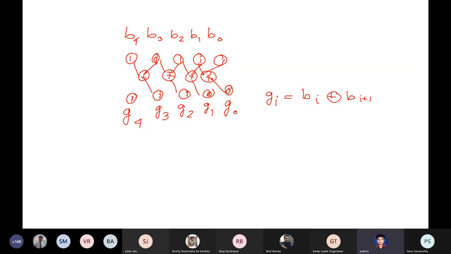If that number is even, so here to the left it is only 1, which is odd. So if it is odd, the corresponding binary bit will be 0. And for G3, to the left of it, there are 2 1s, which is even. So for even it is 1, for odd it is 0, so B2 would be 1. Here there are 3.